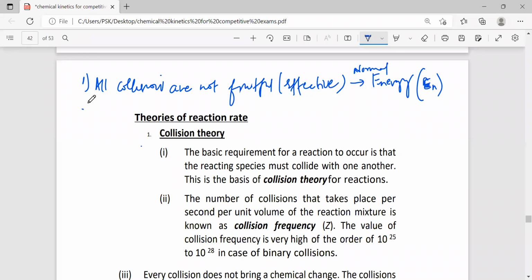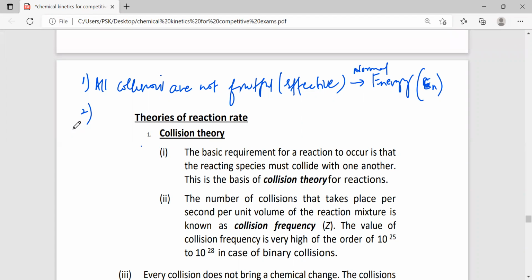Second point: I told you, during thunderstorms nitrogen and oxygen collide and it leads to the formation of the product because the energy is high during thunderstorms. The molecules gain more energy, and therefore when they collide, they lead to the formation of the product. Meaning, every molecule which has normal energy has to gain some excess energy.